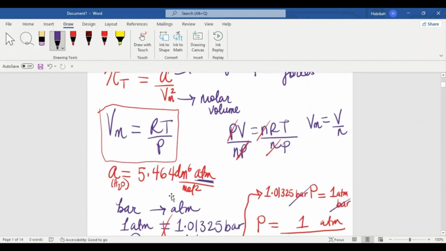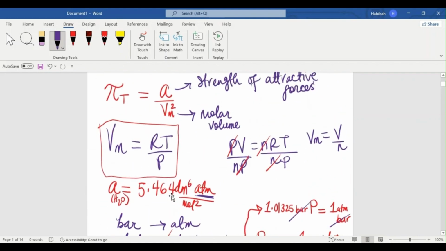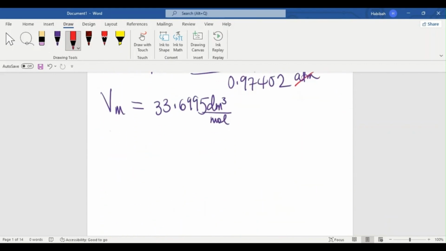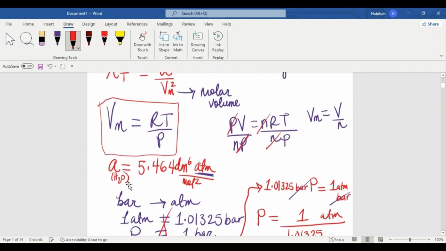We've been given the formula that we're supposed to use in order to determine internal pressure. So we're just going to rewrite that here. We have internal pressure equals A divided by Vm squared. A is simply 5.464, looking back at what I showed you here.